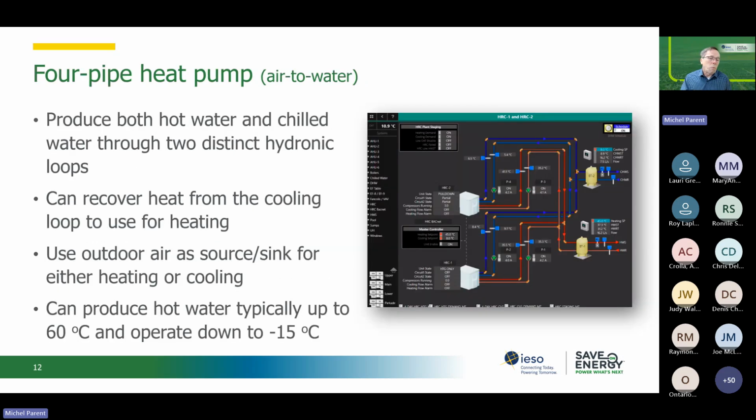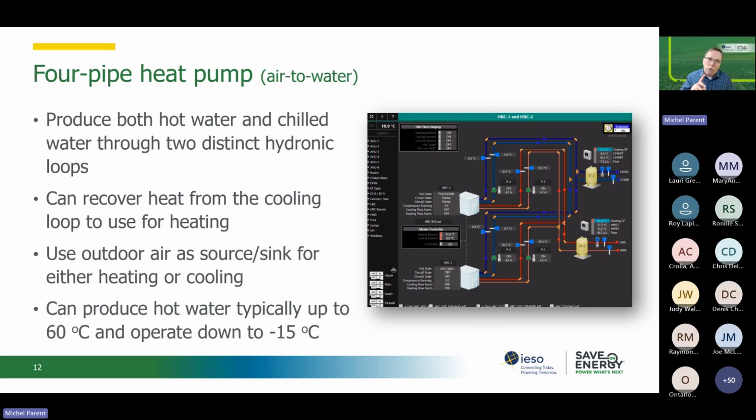The last one, which you may not have seen very often yet, is an air source heat pump or air to water heat pump that's called a four pipe heat pump. So it's basically kind of a heat recovery chiller, but designed as a heat pump, where you will have two hydronic loops, a chilled water loop and a hot water loop linked to those air source heat pumps.